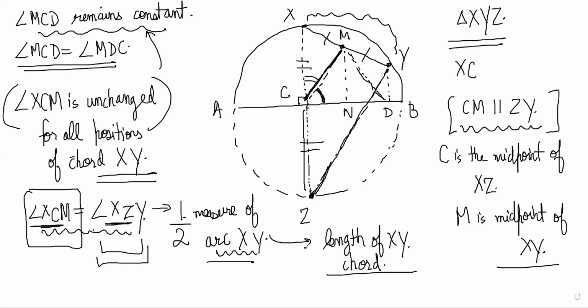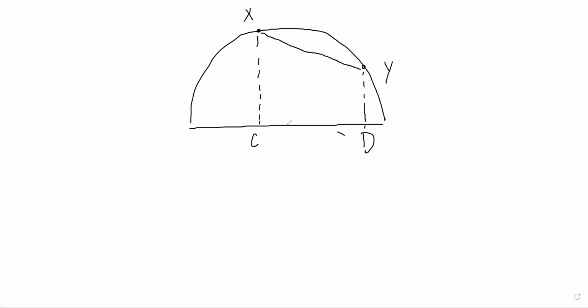So if you think about it, I will give you an alternate approach for this problem. If you have a situation like this, X and Y here, and it is in a random position, and this is C, this is no longer the center, and this is D, and we have a chord like this. Center is somewhere here, center of the circle, right?